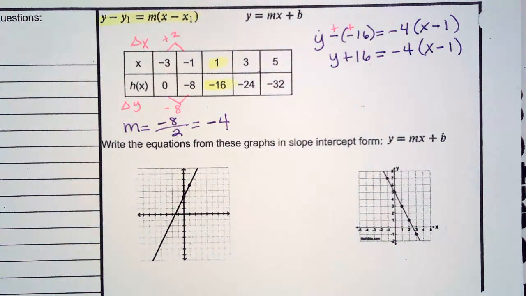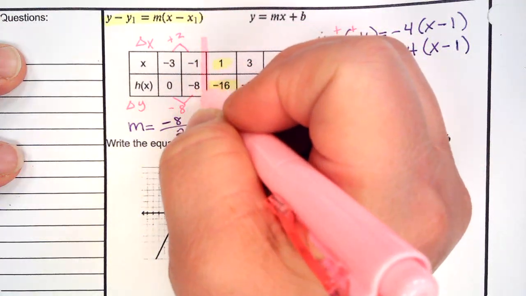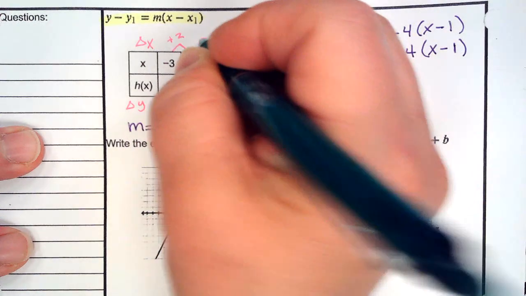Now, to find the y-intercept, because it's not there, we don't have it when x is equal to 0 what it is. But we can easily figure it out if we come to the middle. We know that this is where the 0 would be.